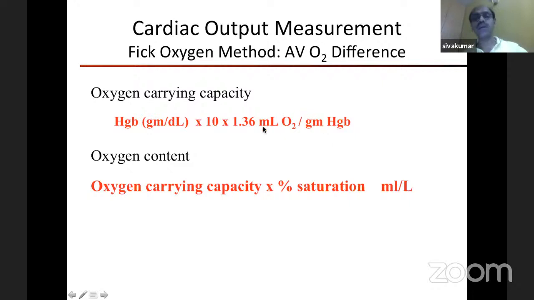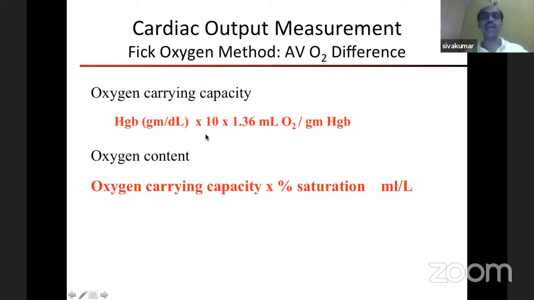If you multiply by the hemoglobin of the patient, you will get a number. Since hemoglobin is commonly measured as, say, 14 gram per deciliter, we want to convert it into liter by putting 10 here. So hemoglobin into 10 into 1.36 is the oxygen carrying capacity.